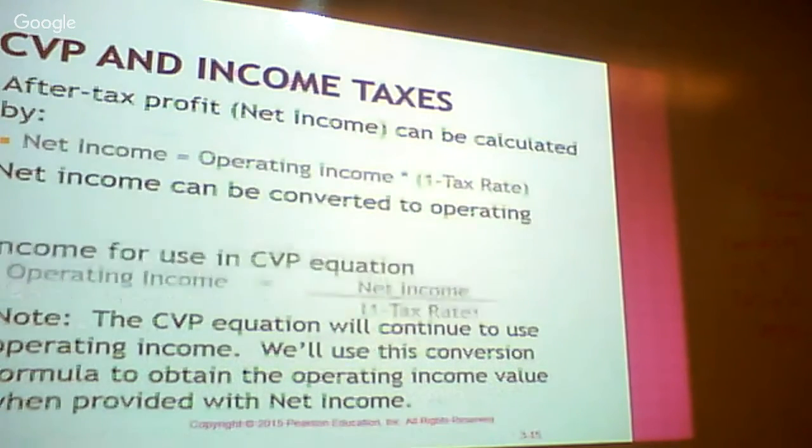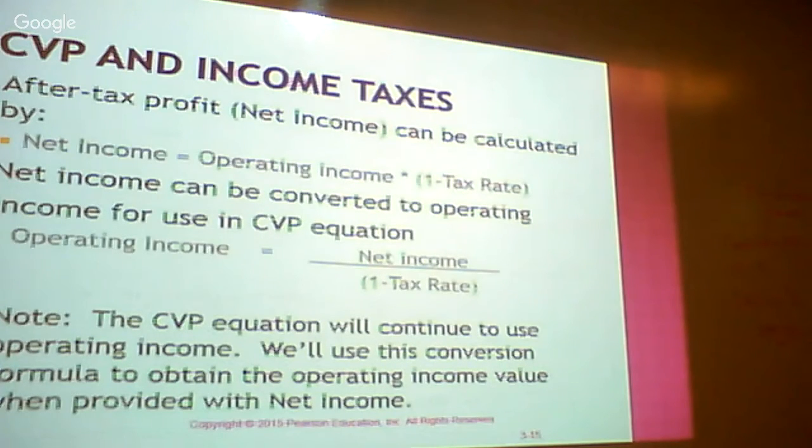Now, what do we not take into consideration when we're talking about that? Taxes, right? All right. So we always need to take that into consideration. Some of your assignments will be based off of just regular variable costs, fixed costs, and so forth, okay?